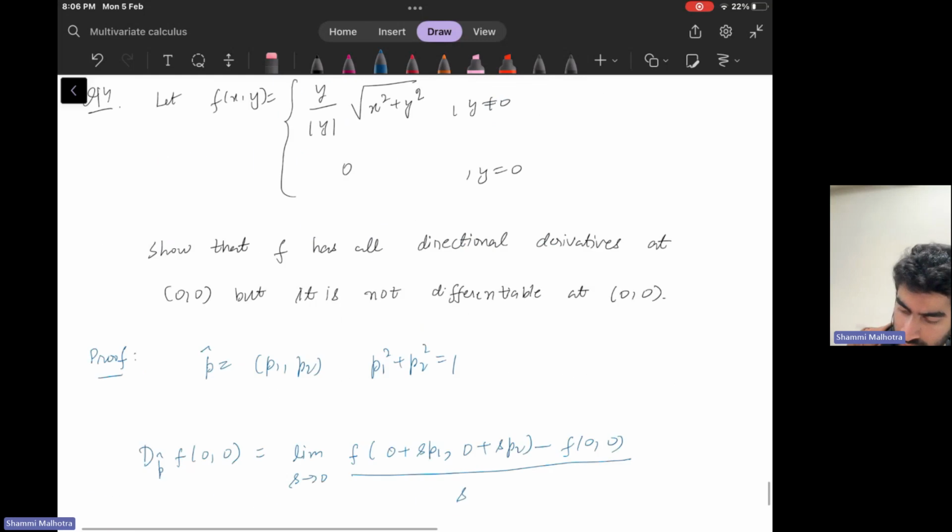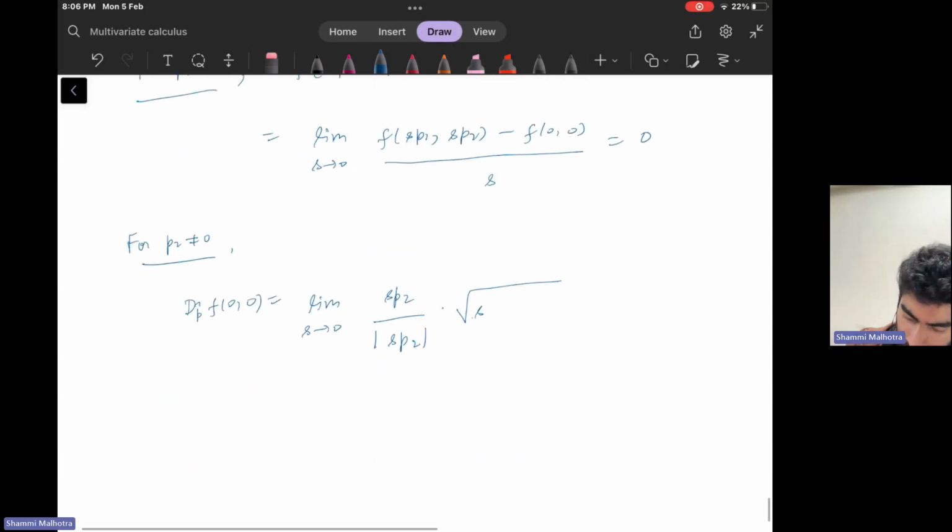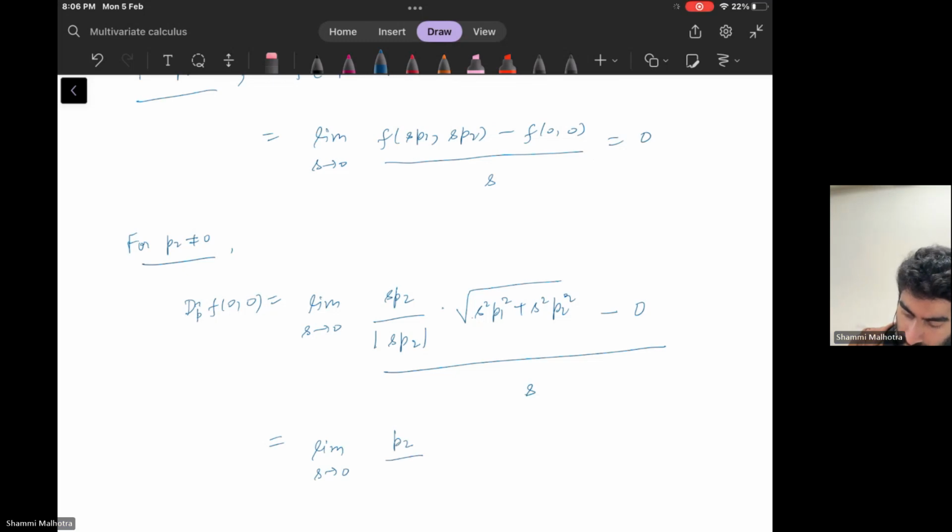We have here s square p1 square plus s square p2 square minus 0, whole divided by s. So this is the limit as s tends towards 0 of p2 by mod p2 times s, and in the denominator we have s times the square root of p1 square plus p2 square.